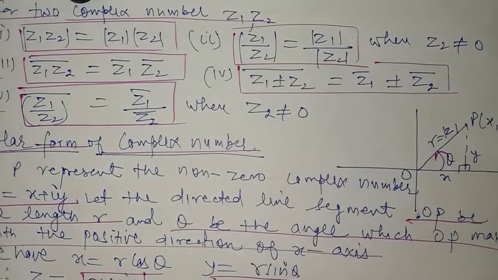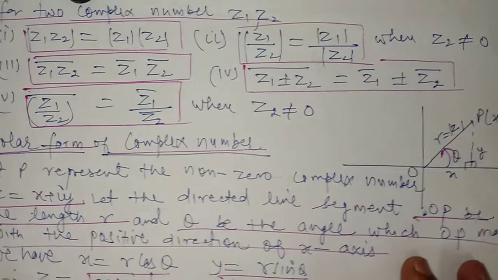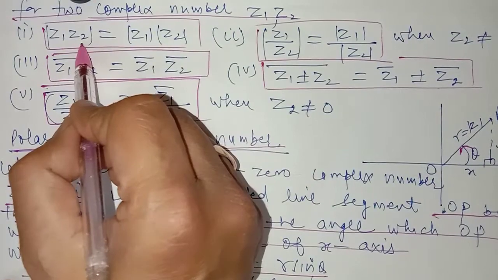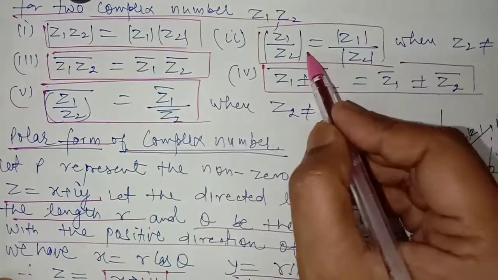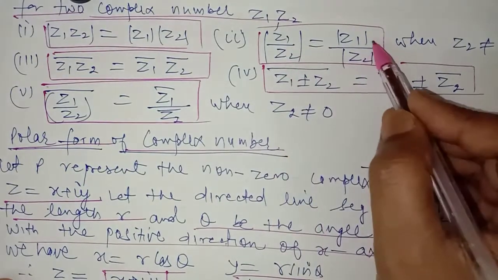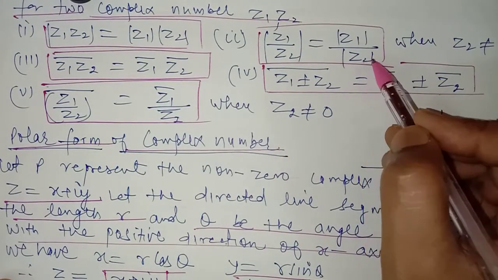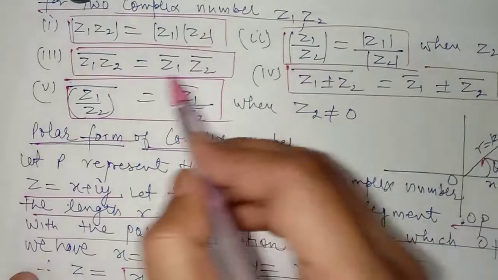Now after that, for any two complex numbers z1 and z2, the modulus of z1 z2 will be equal to modulus of z1 into modulus of z2. Modulus of z1 upon z2 will be equal to modulus of z1 upon modulus of z2, if z2 is not equal to 0.